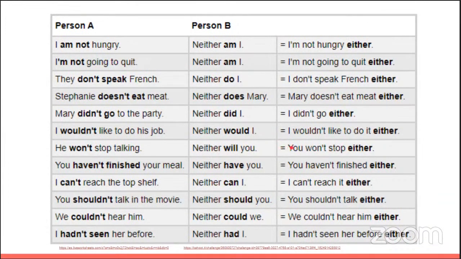Sorry, Leandro, teacher, I didn't hear this statement. You won't stop either. All right. You haven't finished your meal. Neither have you. You haven't finished it either.